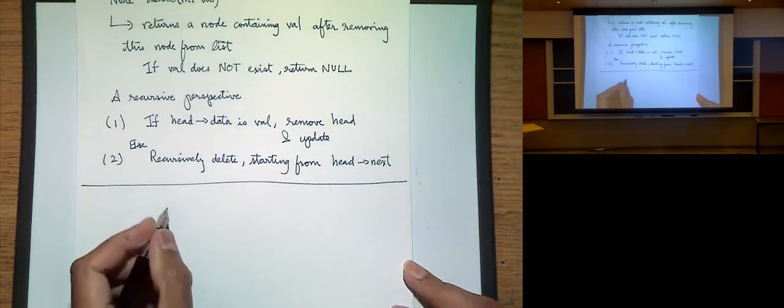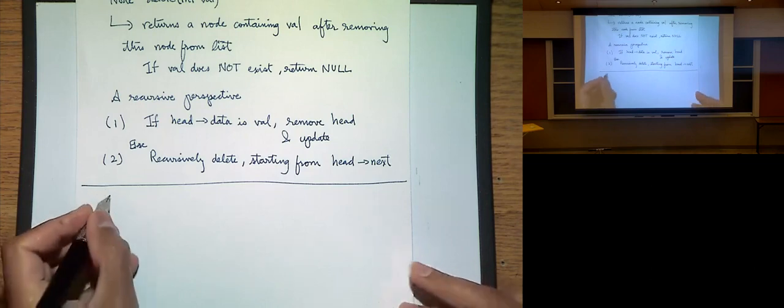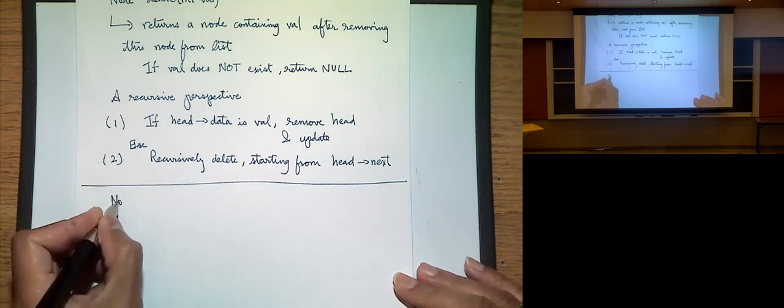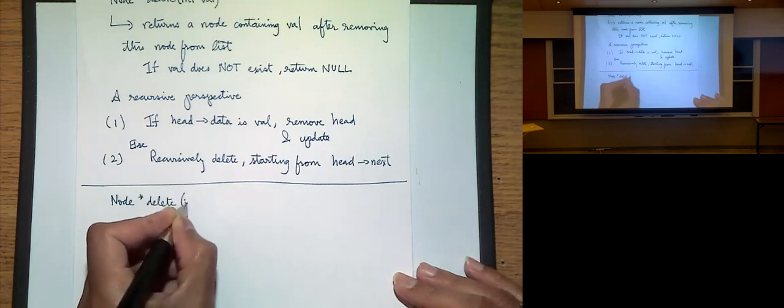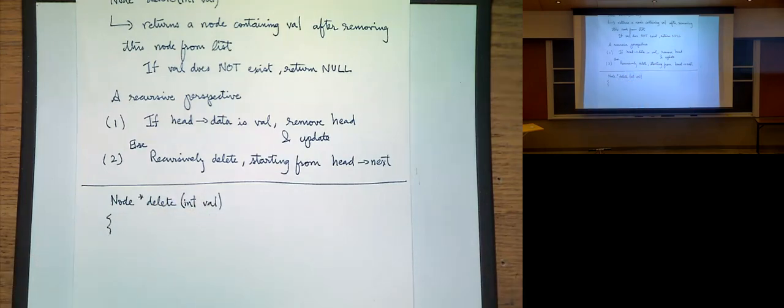Let's try to follow the same template. What we'll do is a node star delete val. Let me update the head at this call and then do a recursive call.